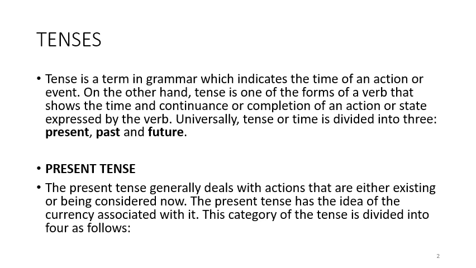And generally speaking, there are three times in which tense shows the action that takes place in English language. These are present, past, and future. All the tenses we're going to discuss fall under these three categories. They either show present actions, past actions, or future actions.